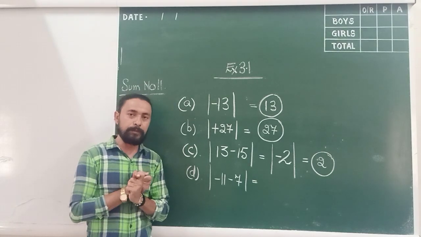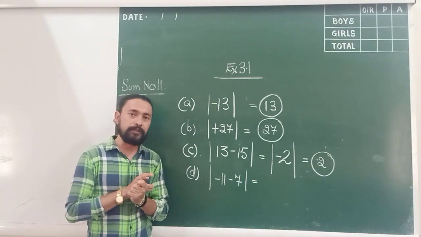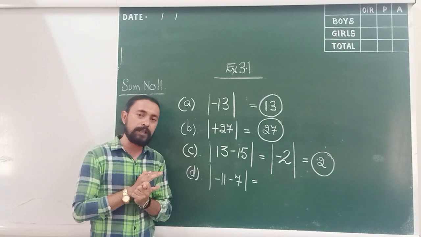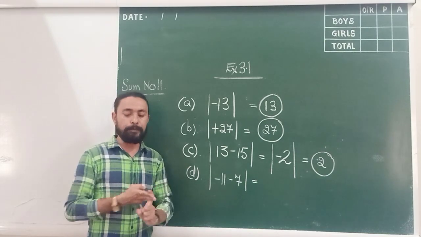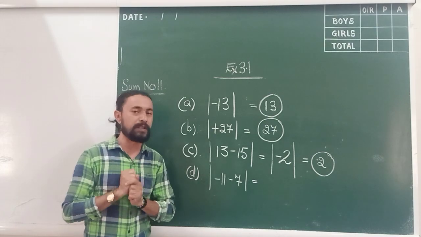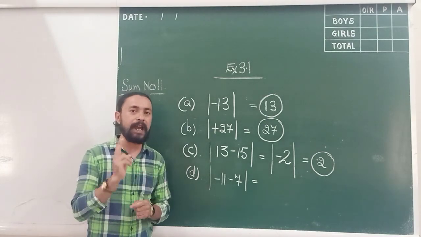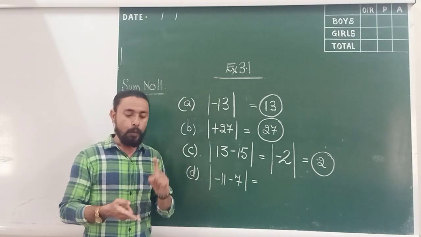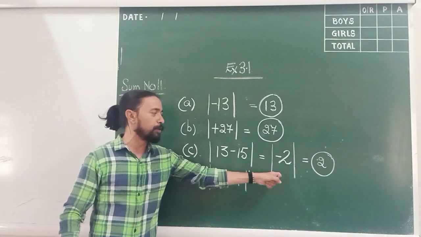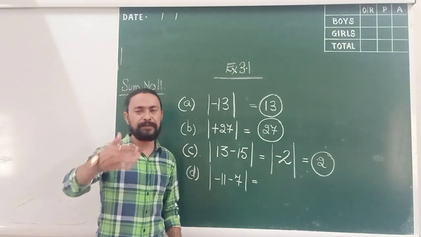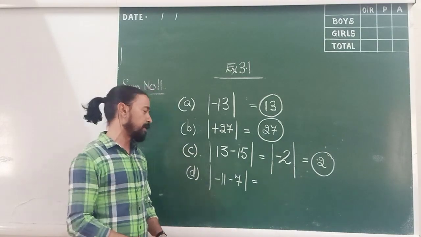Either both the numbers will be positive or both the numbers will be negative. Or one will be positive, one will be negative, one will be negative and one will be positive. If both positive, add and put the positive sign. If both negative, add and put the negative sign. One positive, one negative, then from the greater, take away the smaller, put the sign of the greater number. As we develop in the lesson, you will understand it better.